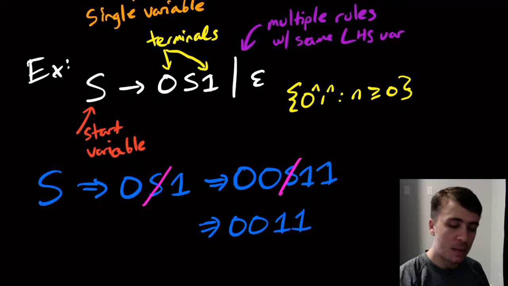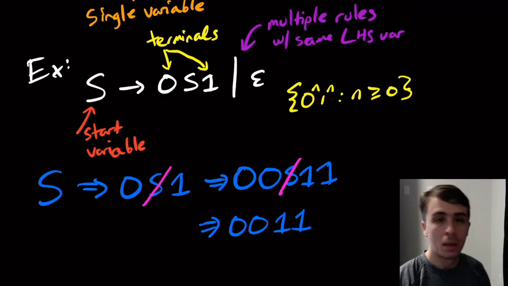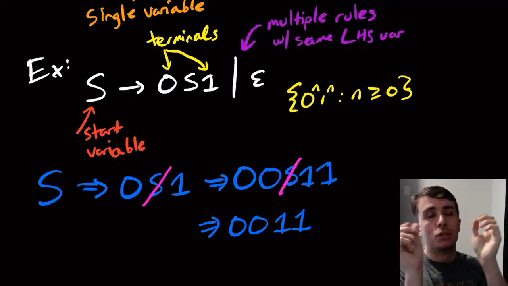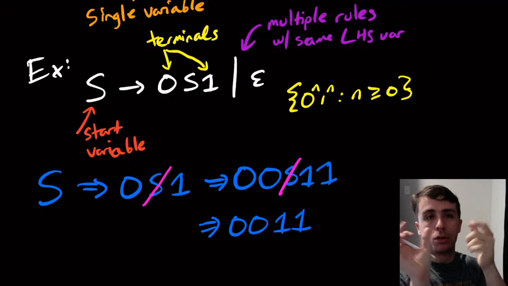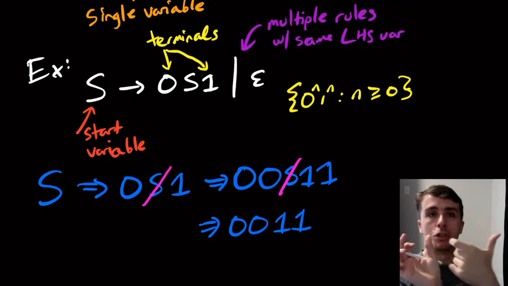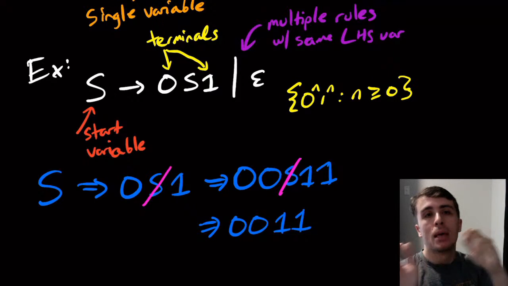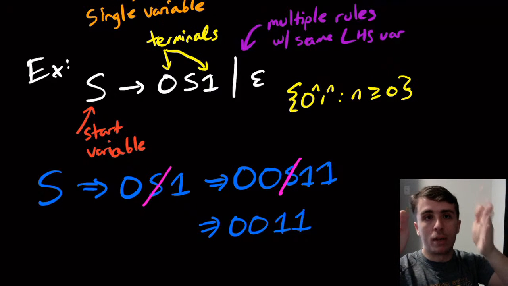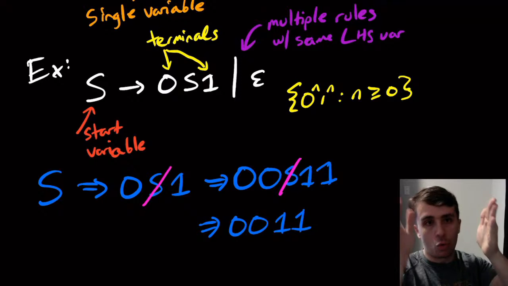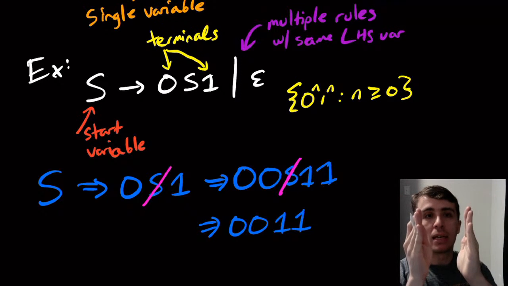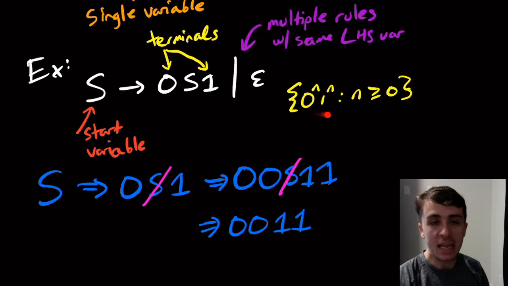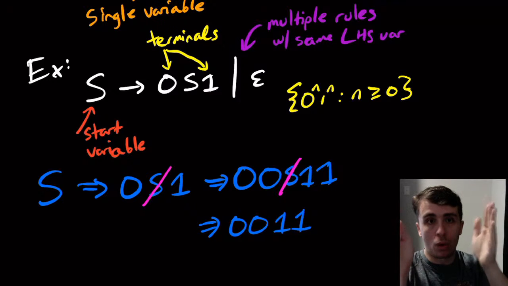But if we have n bigger than 0, then if you think about it, for any string with equal number of zeros and ones at the beginning and the end, if we take off one of the zeros at the beginning and one of the ones at the end, then we're still going to get a string that is in this language because we took off a 0 and a 1 at the same time.